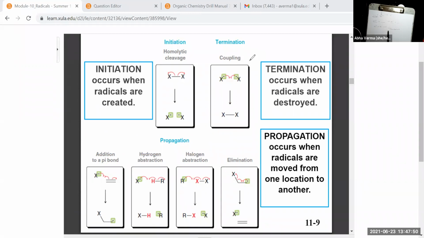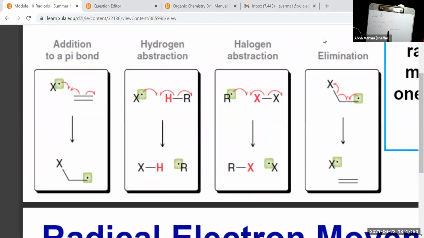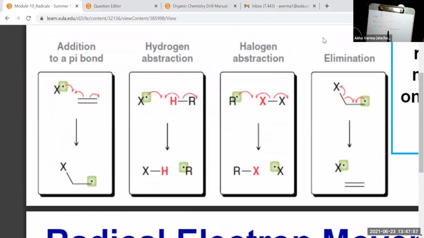But when you look at the propagation steps, there are 4 propagations that all of us will be using again and again and again. The first of them is addition to a pi bond. So there is a radical here and there is this pi bond.